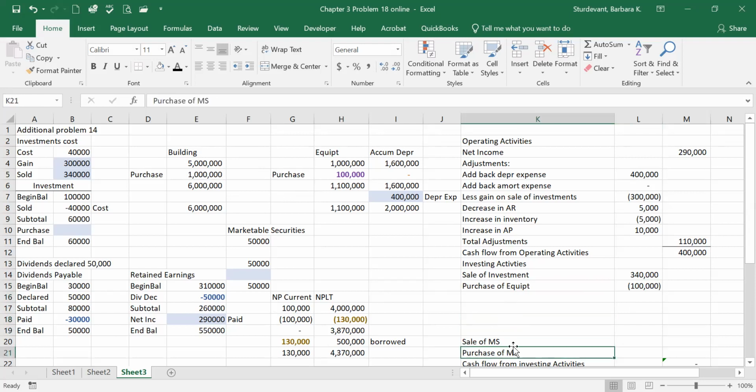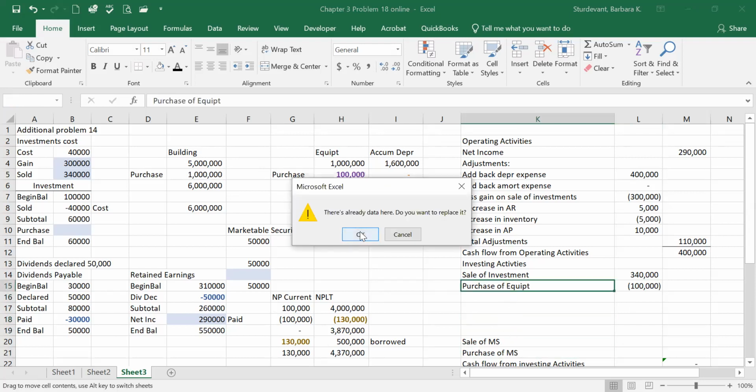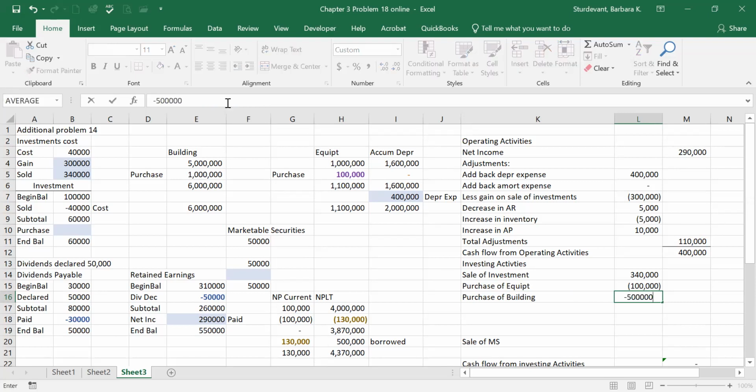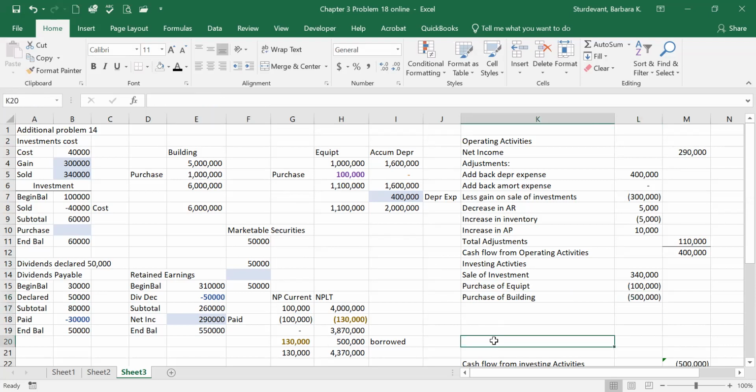We have a purchase, right? So how much are we going to put here? For the purchase of the building, it would be 500,000, because that was the cash paid, right? Yes. Okay, so that takes care of all that, right?